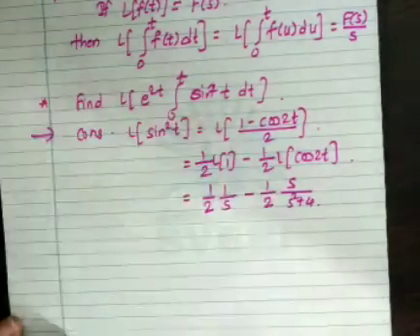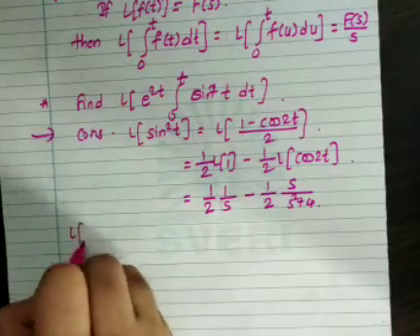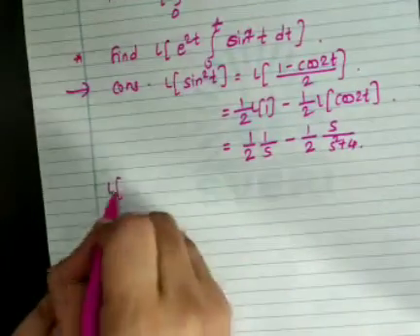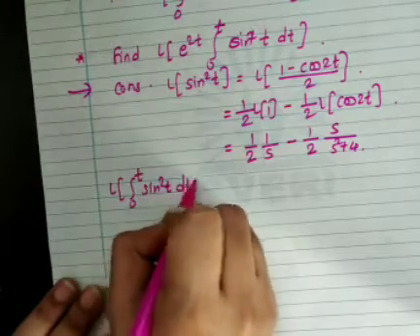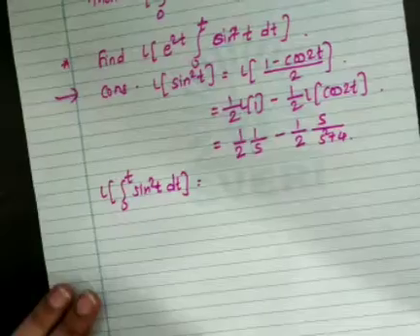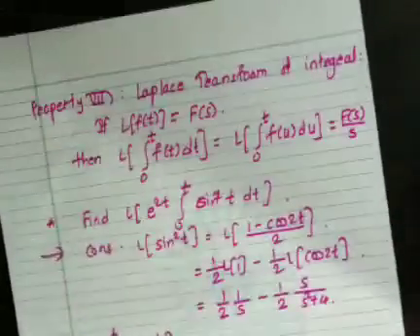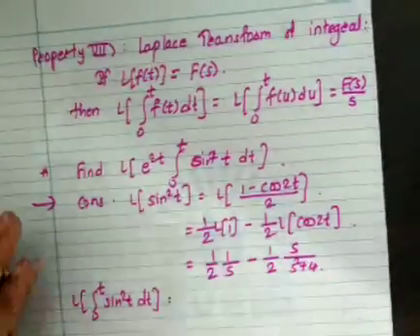This is the Laplace transform of sine square t. Next we have to apply integration on that. So Laplace of integration 0 to t sine square t dt will be, for the integration property, we simply divide F of s by s.